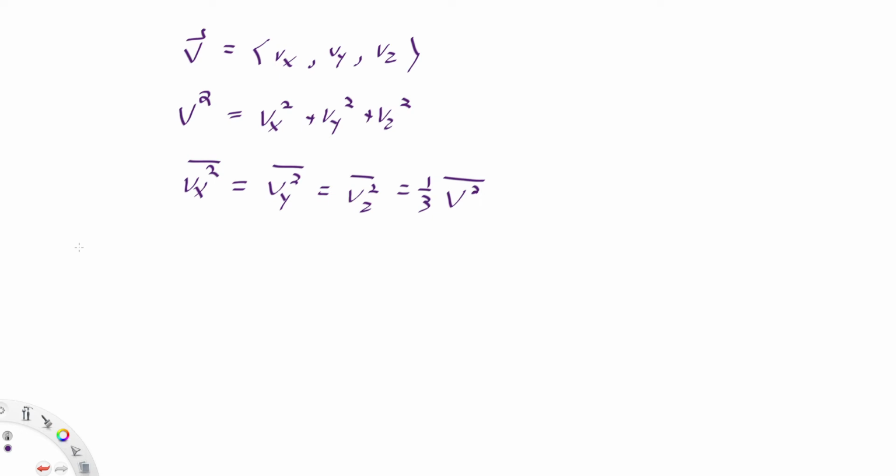Does that make sense? So the 1/3 comes about just when we are trying to figure out what the velocity in a specific direction is.